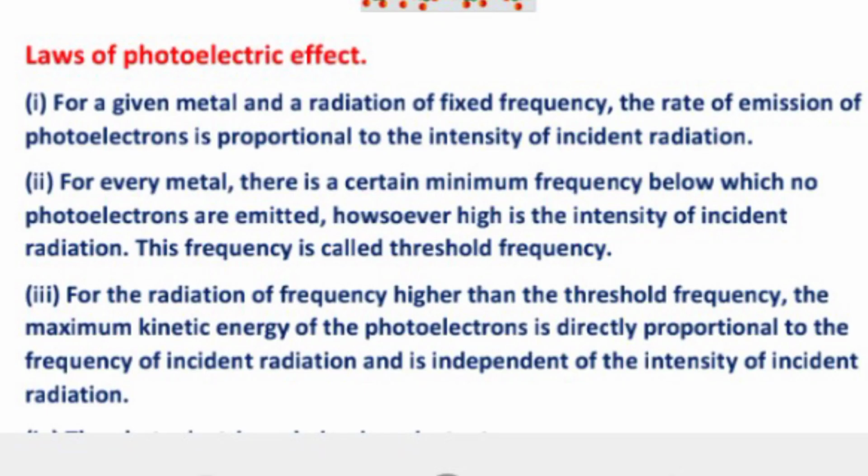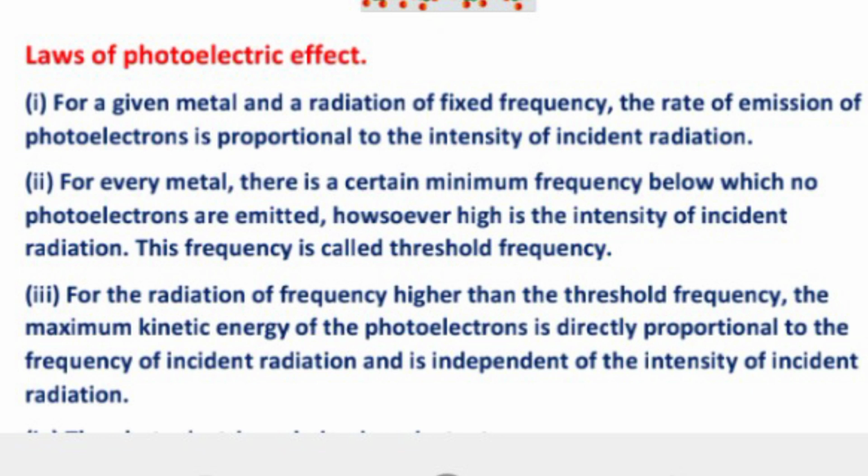Laws of photoelectric effect. First law: for a given metal and radiation, the rate of emission of photoelectrons is proportional to the intensity of incident radiation.